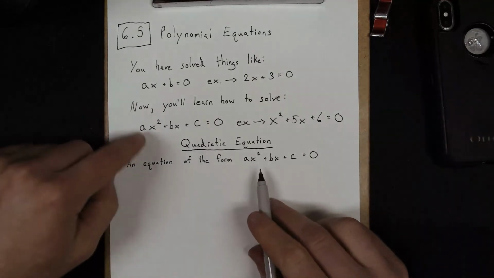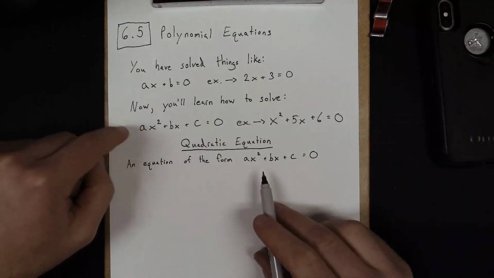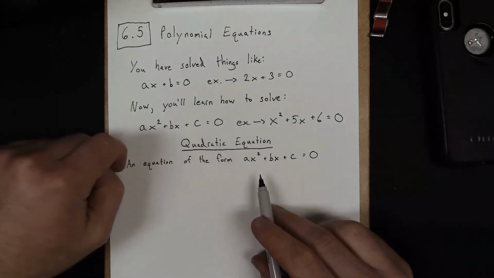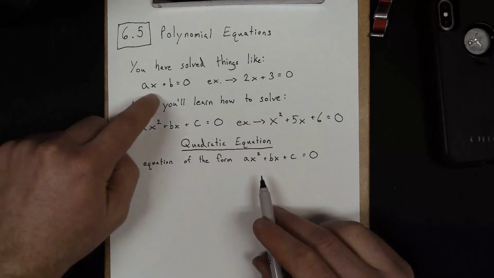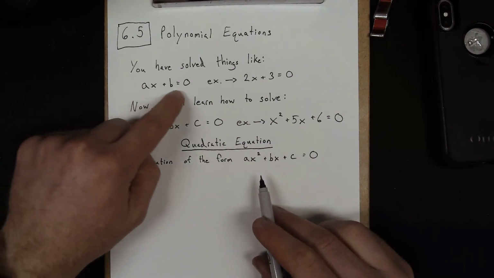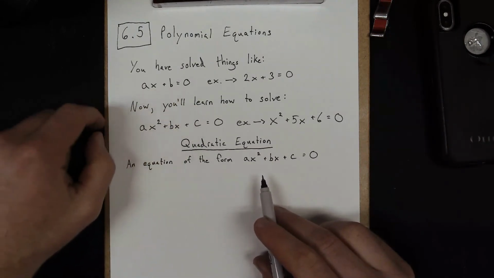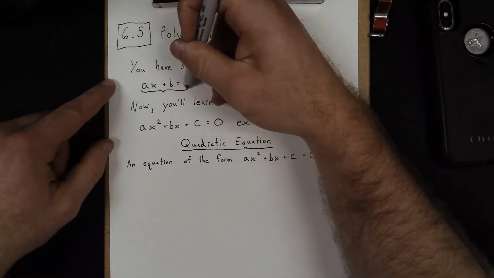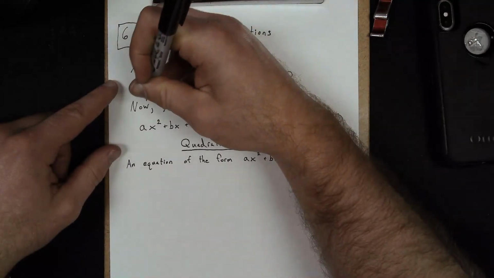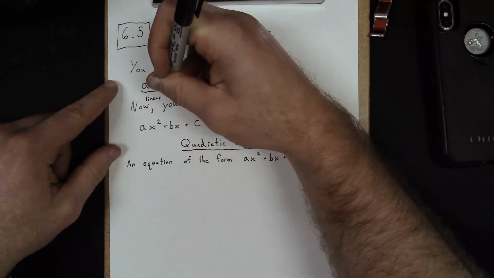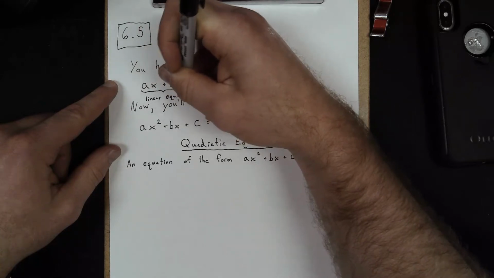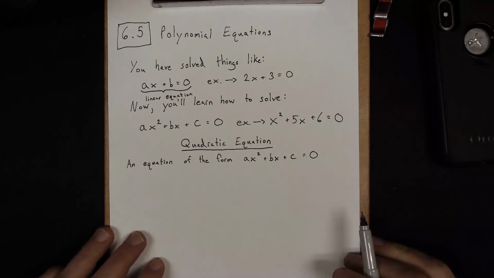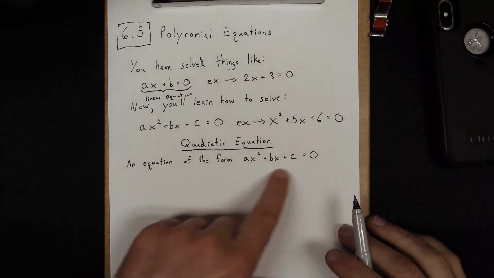These things are called quadratic equations. This up here, ax plus b equals 0, is actually a linear equation. This is purely extra, you don't need this, but it is a linear equation.